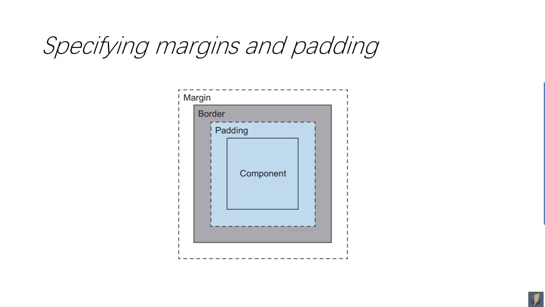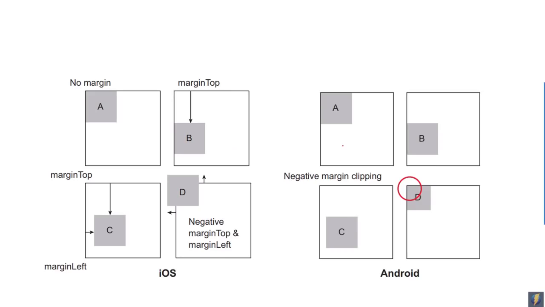Don't develop on iOS and think everything in your style will behave the same on Android. We can see some differences. This is the margin in iOS and Android. The first one, the left side, is iOS. The right side is Android.